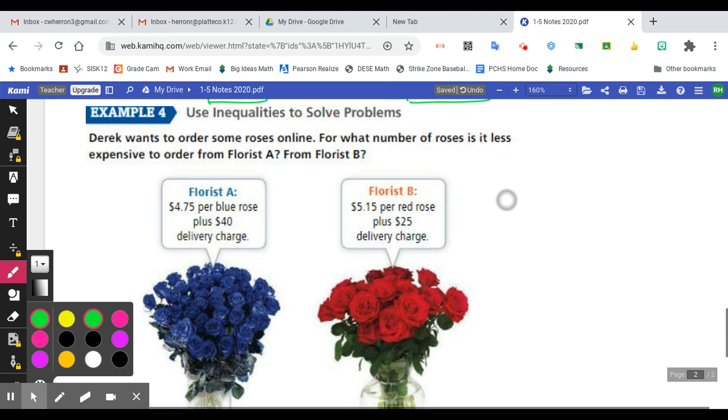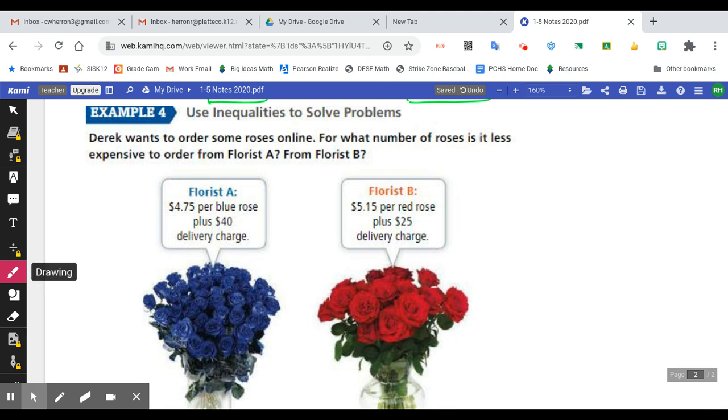All right. Okay, last one, creating. And this is our word problem. So Derek wants to order some roses online. For what number of roses is it less expensive to order from florist A, and which one from florist B? Okay, so florist A is giving us, remember we're comparing here, florist A to florist B, $4.75 per blue rose, right?